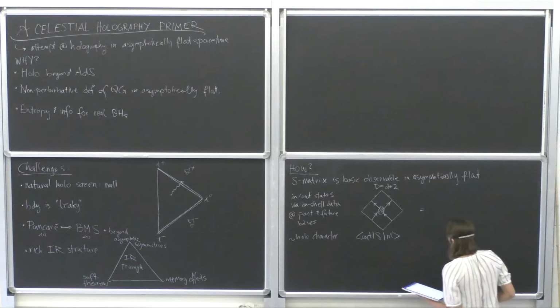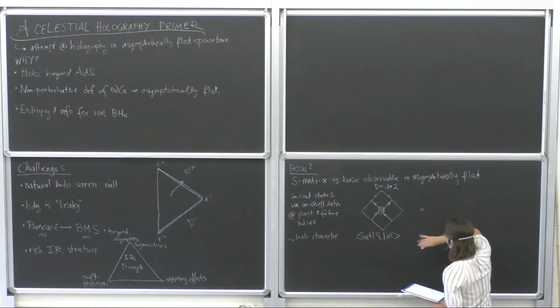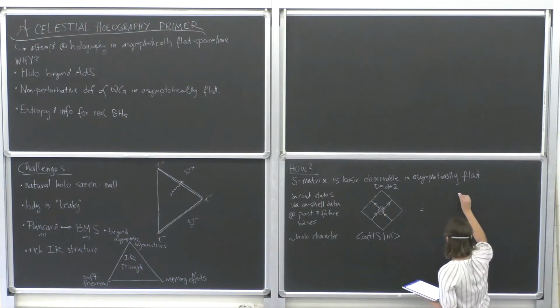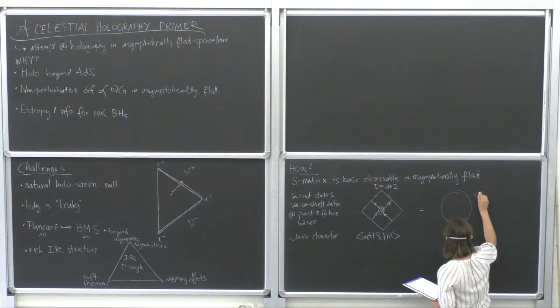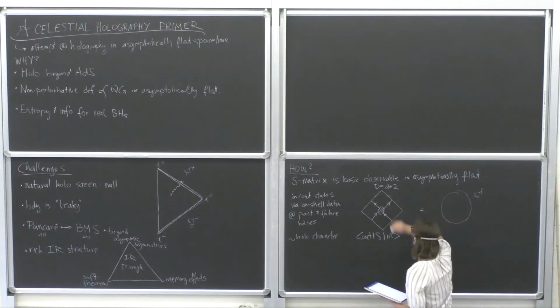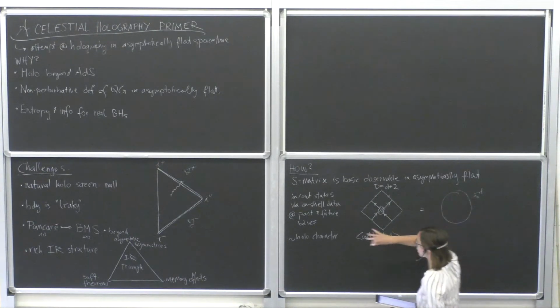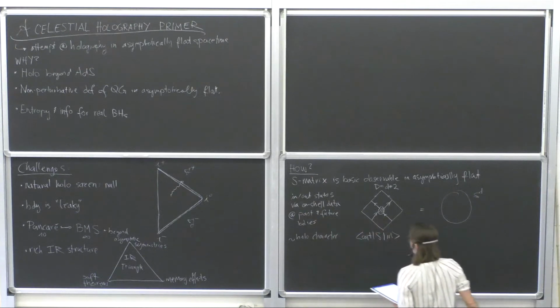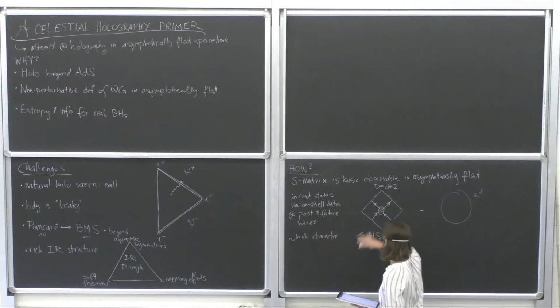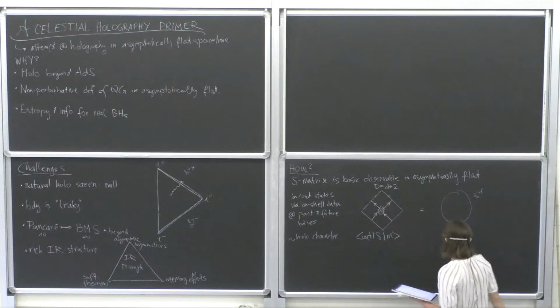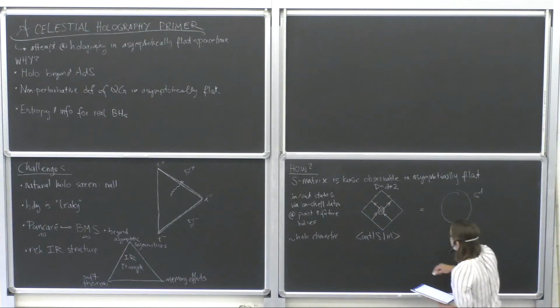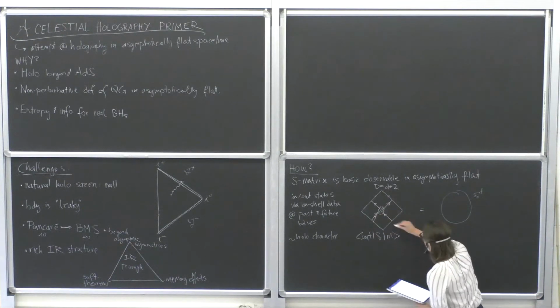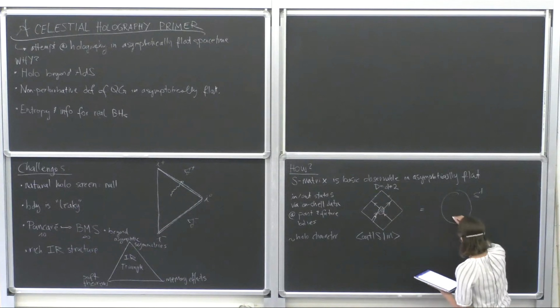And this is done by the realization that we can recast the S matrix in asymptotically flat space as a correlation function that lives in 2 dimensions less, and it's this sphere that I've told you lives at each point in this diagram and a pair of points in that diagram. And so let's say I have a bunch of incoming particles.